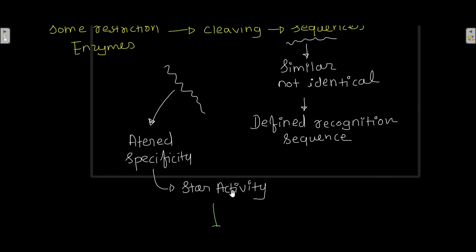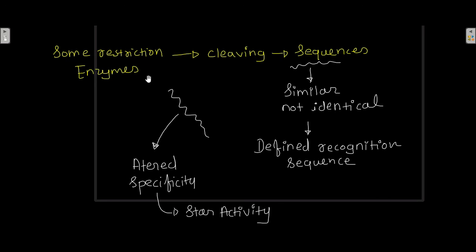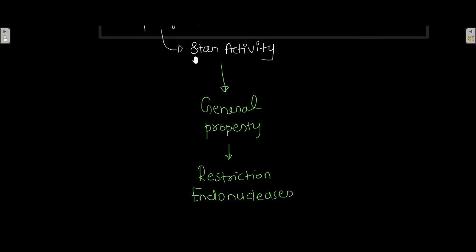So what is star activity of a restriction enzyme? Star activity is the ability of a restriction enzyme to cleave a sequence which is similar but not identical to the defined recognition sequence. That is what star activity is. Now this star activity is a general property of any restriction endonuclease.